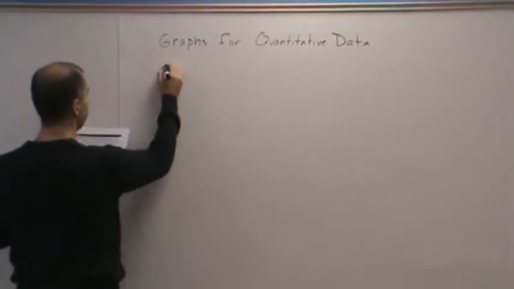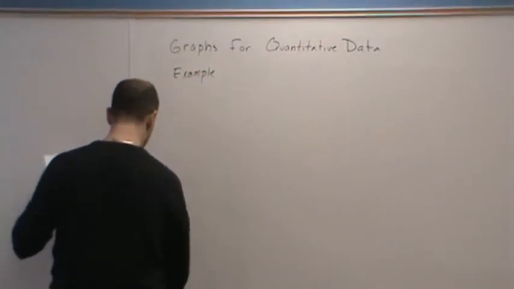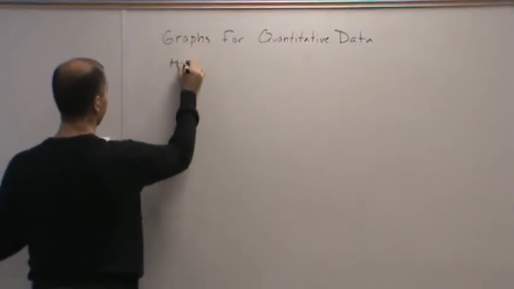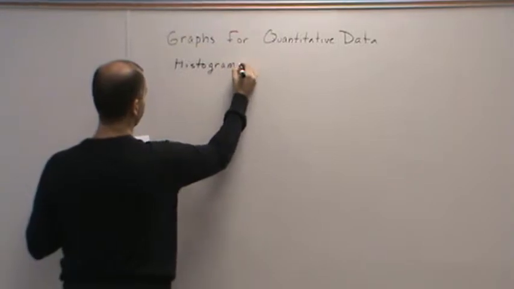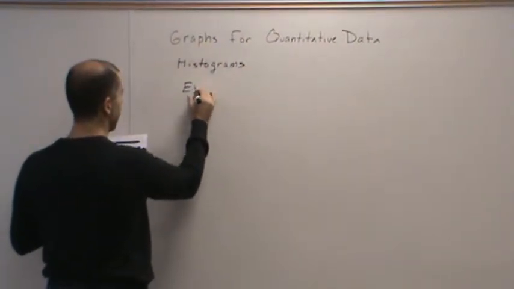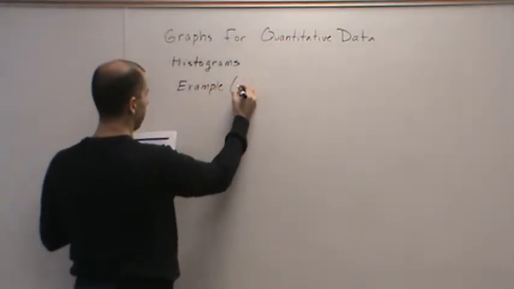Okay, so here's the example. Oh, let me write histograms for the title. So the first one we're going to talk about is the histogram. Histograms. Okay, so we're going to use the example on page 49.